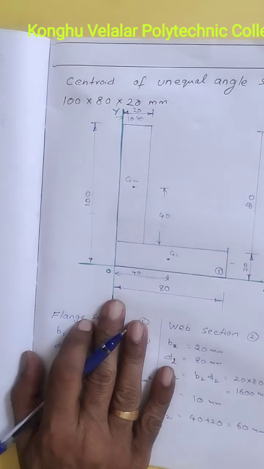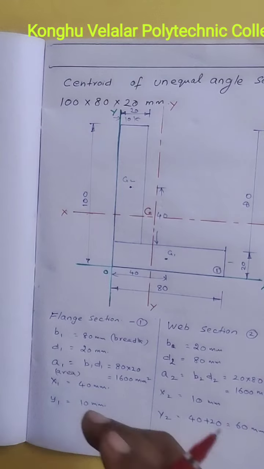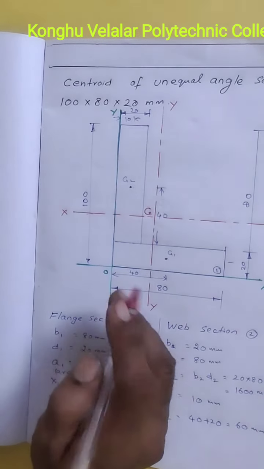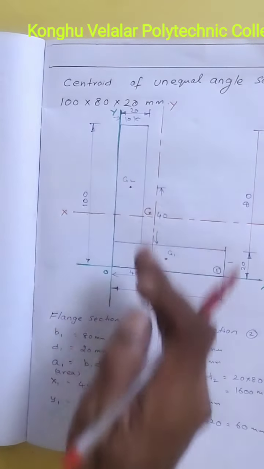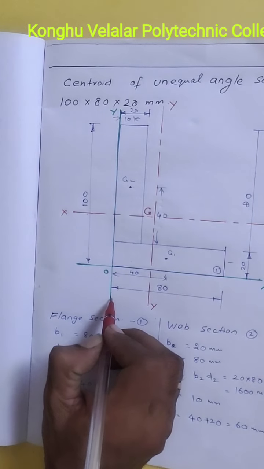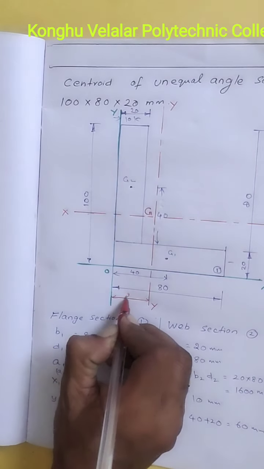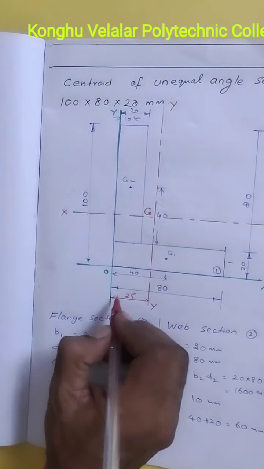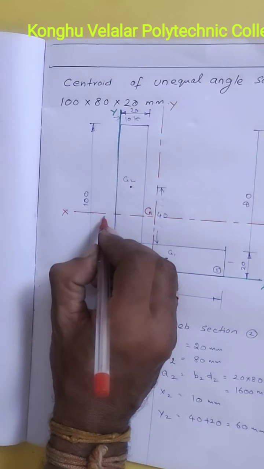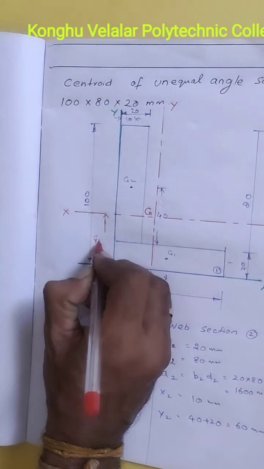So the centroidal axis, you can draw it. The centroidal axes, that is xx and yy: x bar is 25 mm from the reference axis, so this is 25 mm, and this is x bar, and this distance is y bar, equal to 35 mm.